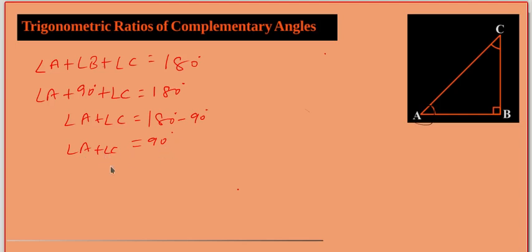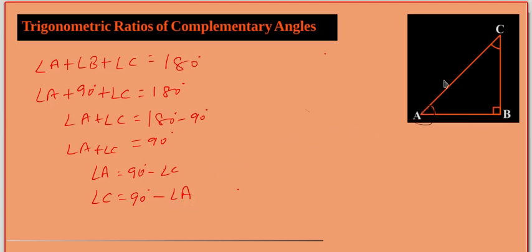If you bring angle C this side, angle A equals 90 degrees minus angle C. So we are getting angle A in terms of angle C. If you bring angle A this side, angle C equals 90 degrees minus angle A. So we got angle A in terms of angle C, and angle C in terms of angle A.